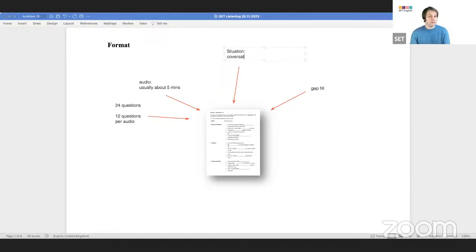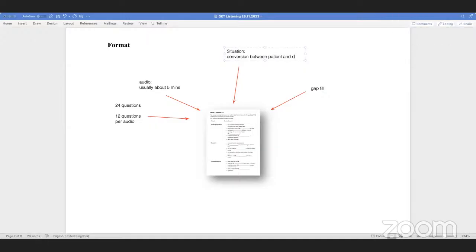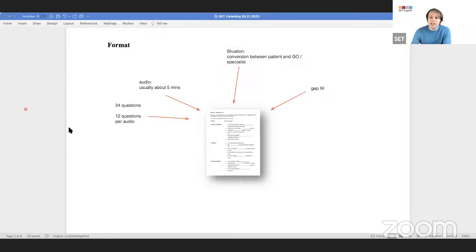It's usually a conversation, right? Between a patient and what? Doctor. Doctor, or like a GP, or a specialist. Now, when you say presentation, do you mean like she presented to my clinic? Is that what you mean?